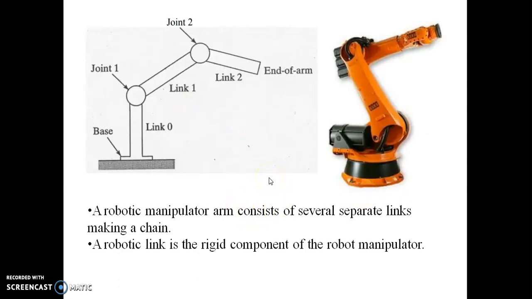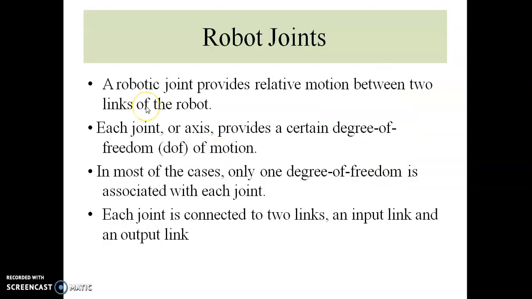This is the structure of links with joints. The robotic manipulator arm consists of several links making a chain, and the robotic link is the rigid component of the robot manipulator. The robotic joints give us the relative motion between two links of the robot.